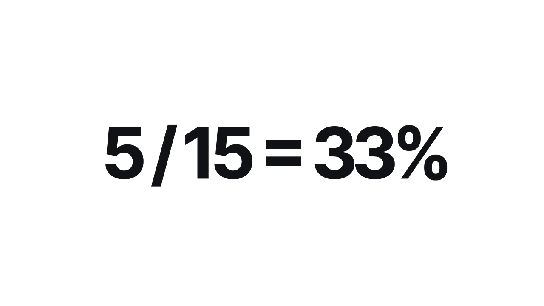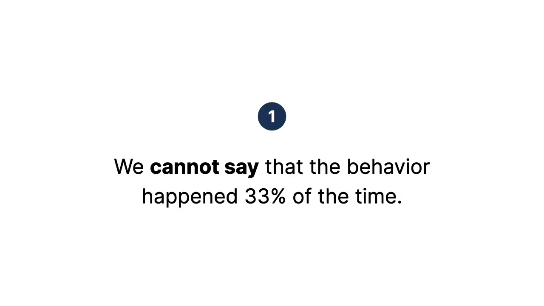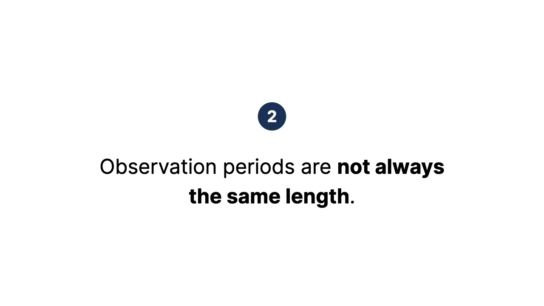So why do we report partial interval recording using percentages of intervals observed? There are 2 main reasons. First, while we can't say it happened 33% of the time because we didn't collect duration data, we can say it occurred during 33% of the observation intervals. Second, typically our observation periods are not always the same length.